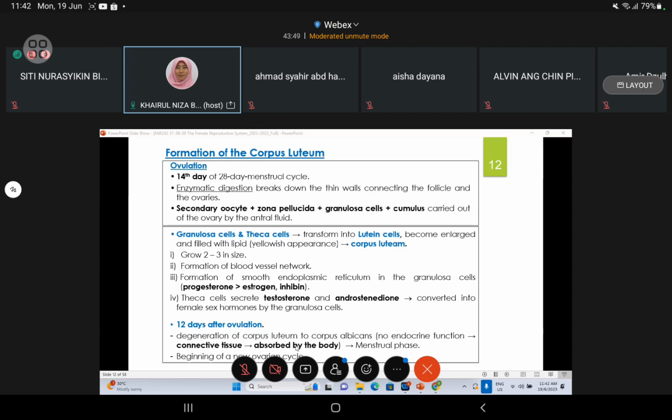Okay. So what happens 12 days after ovulation is there is a degeneration of the corpus luteum, and it now becomes the corpus albicans. Corpus albicans does not have endocrine function. It is only connective tissue, and then this will be absorbed by the body. Since it doesn't have any endocrine function, the next menstrual cycle will begin.